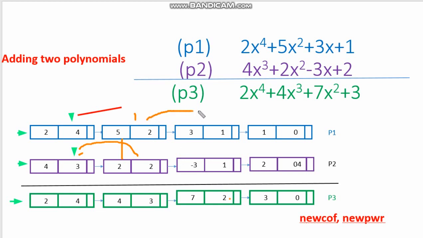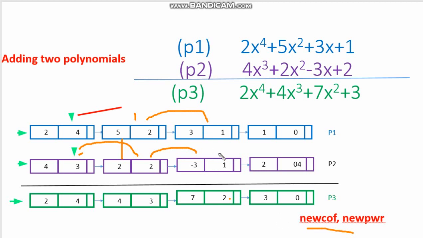Then in this case both will advance. And here too the powers are equal, 1 and 1, so the coefficients are added, minus 3 plus 3, you'll get 0. Which means that term need not be created. We will see a little later how to take care of it when we come to the programming part. In order to do that, we will use a variable, I'll explain.